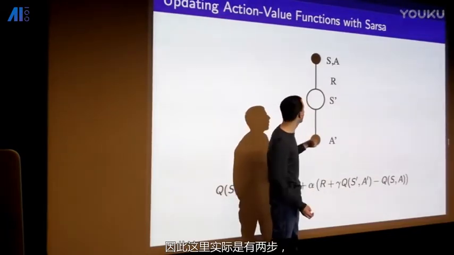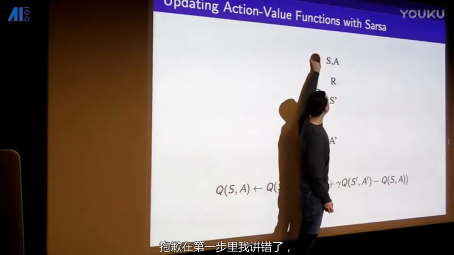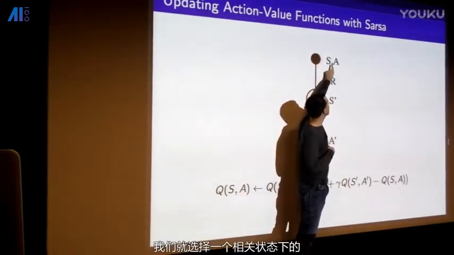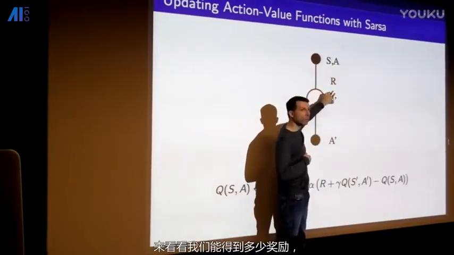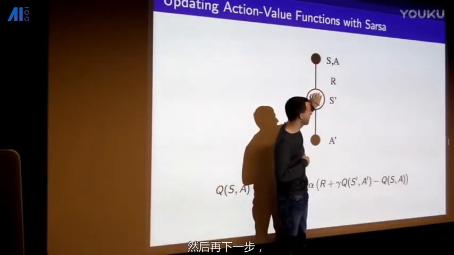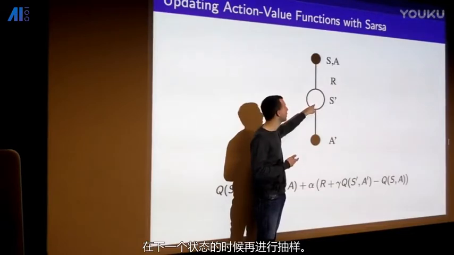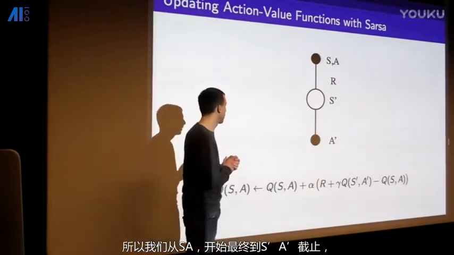Sorry, we're not sampling our policy yet. We start off with state S and this particular action A. We sample from the environment to see what reward we get and what state we end up in. And then we sample our own policy at that next state. So we end up with S, A, R, S prime, A prime: the SARSA algorithm.